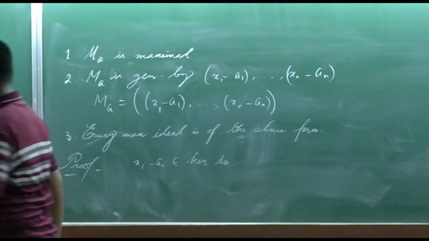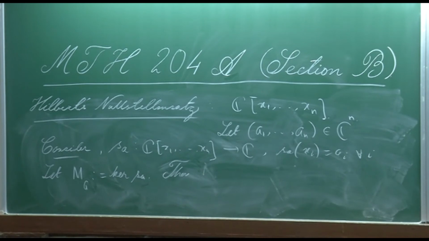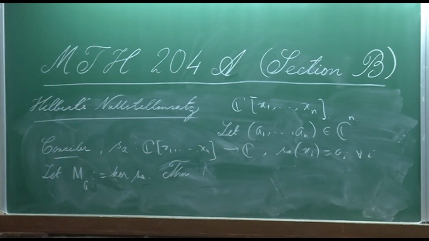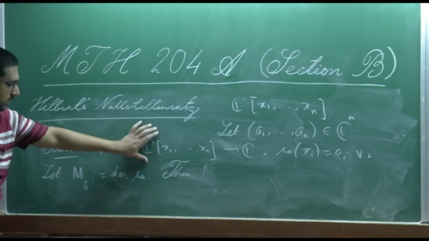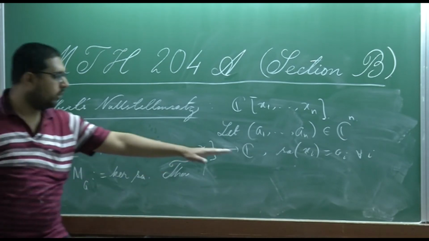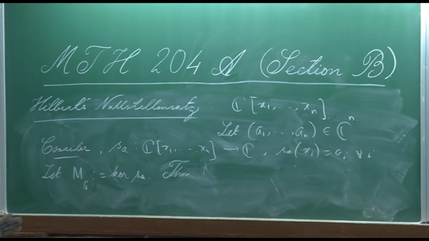And of course, this map is onto, that is also quite clear. Therefore, the ring modulo the kernel of S_a is isomorphic to the field C, hence the kernel must be maximal.